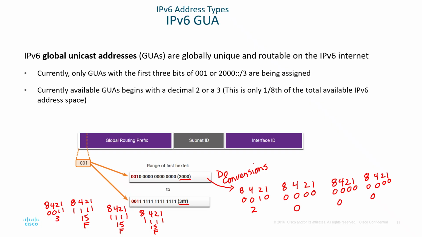And there is your 3F. Okay, so when you're trying to understand these numbers, don't forget your conversion tactics. Okay, so that is your address range.